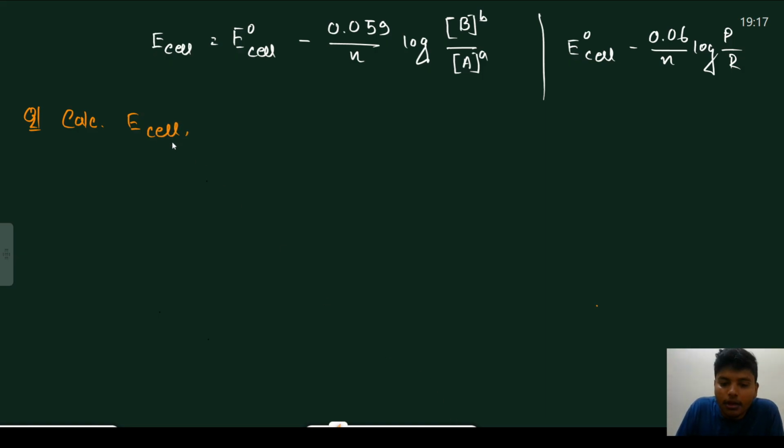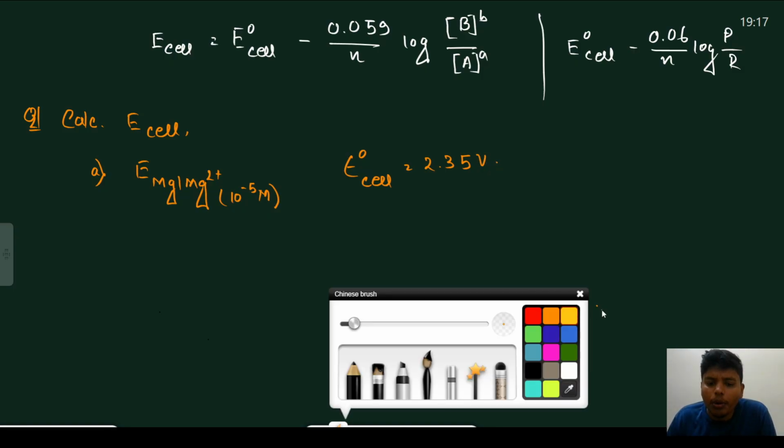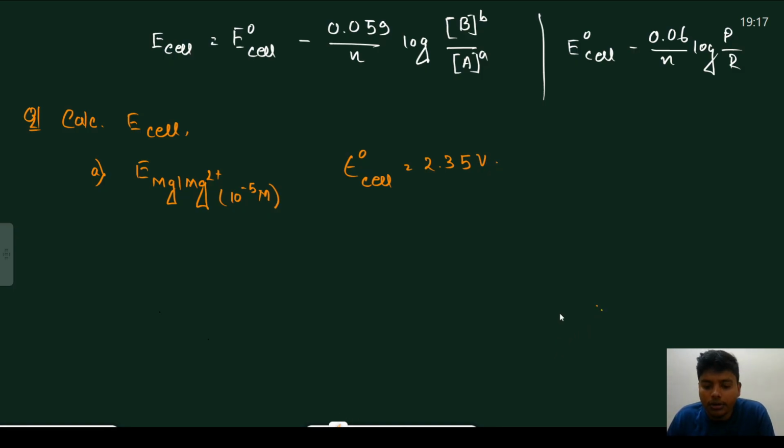The concentration of Mg2 plus is given as 10 to the power minus 5 molar, and the E naught cell value is given as 2.35 volt. Now calculate E of Mg to Mg2 plus. Calculate.